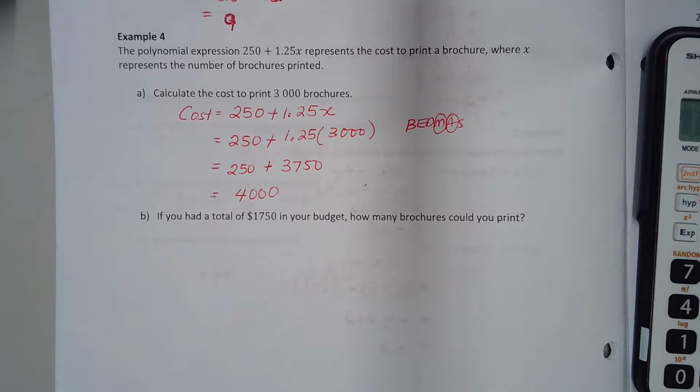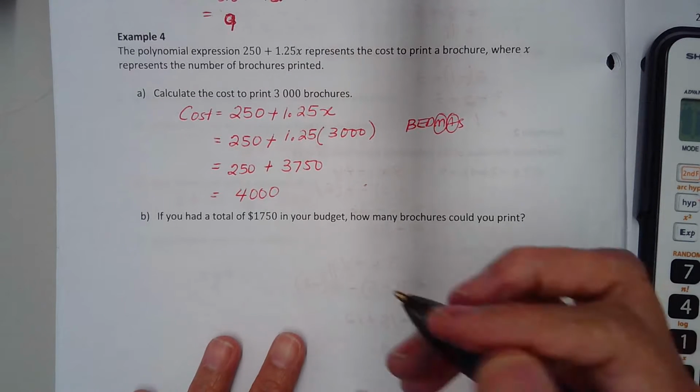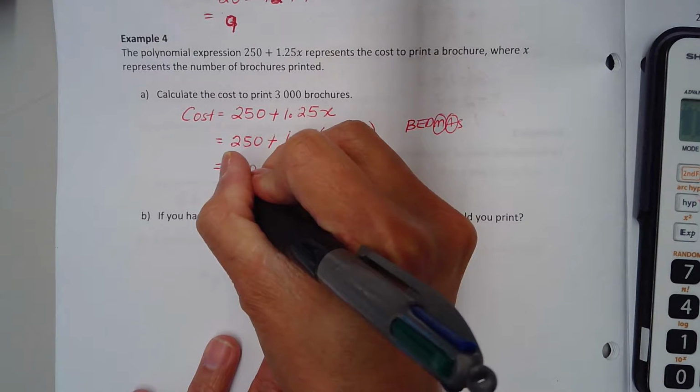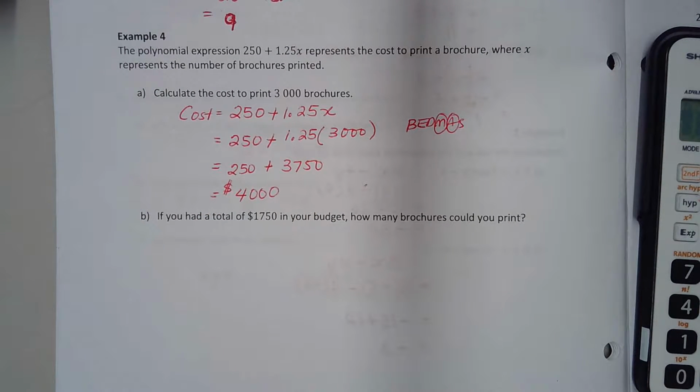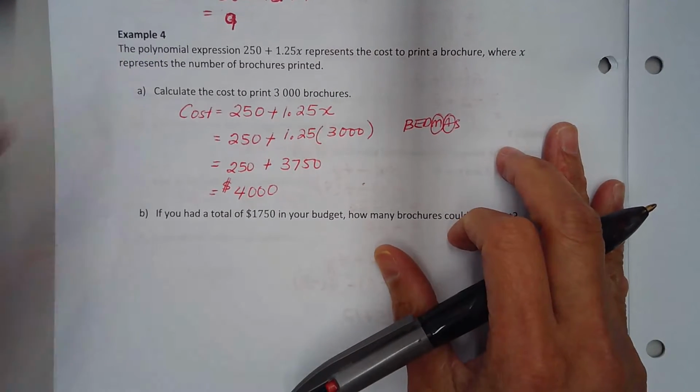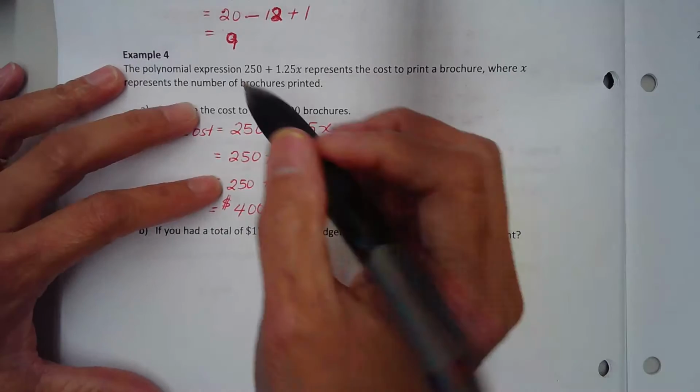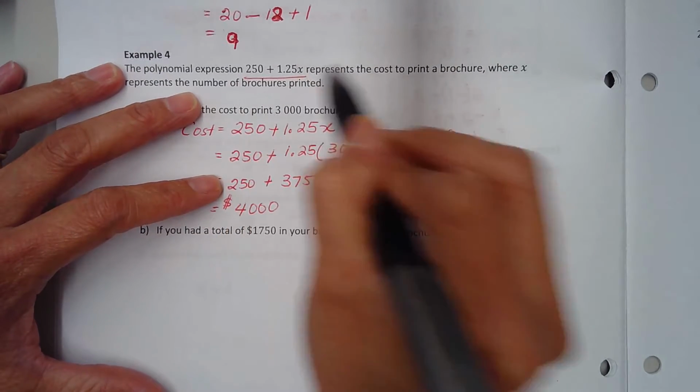Okay, now there's a context to this. So 4,000 what? 4,000 dollars. Right. How would you know that? That's a good question, because maybe I didn't explain it very well. So this is representing the cost.